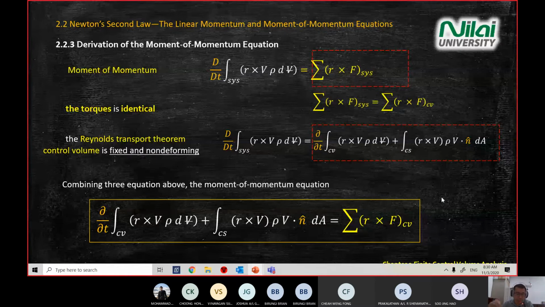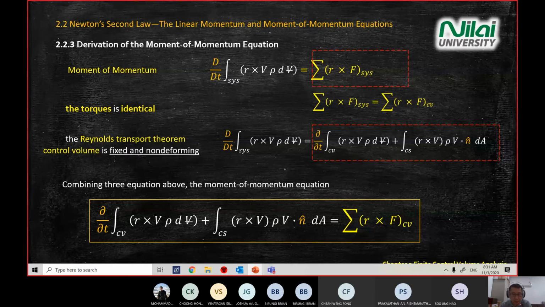So can you see that question 32 actually shows you that we can derive this equation from Newton's second law and then apply your understanding of torque or moment.